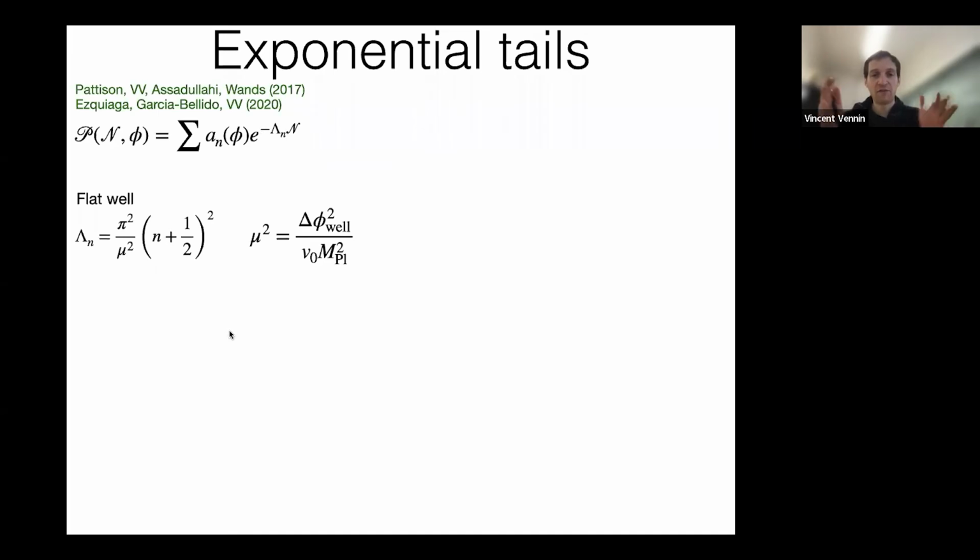For instance, if you have a flat potential with a width given by delta phi, and the height of the potential is given by v, this small v naught here, which is the potential height in Planck units, then you can construct this mu squared parameter, and lambda n is given by this combination. So you see that if mu is very large, so if the width of your flat region is very large, then the values of lambda will be small, which means that the tail will be very heavy.